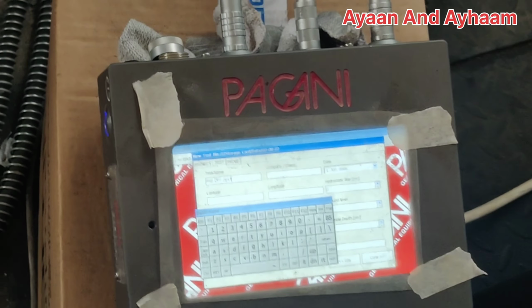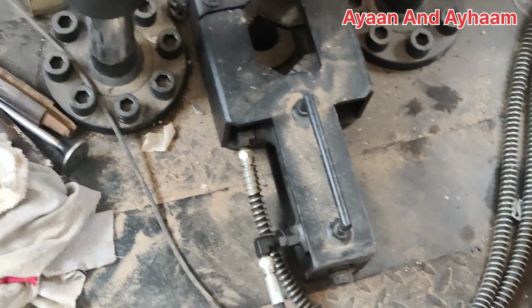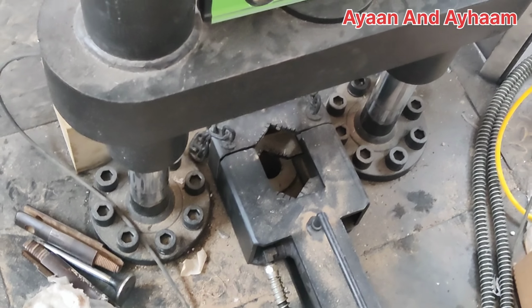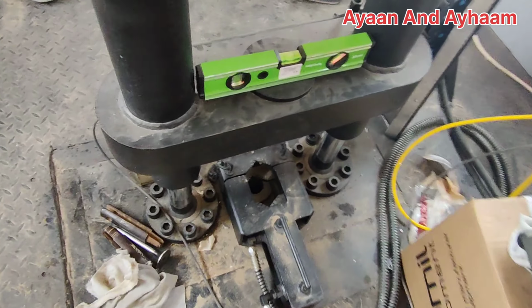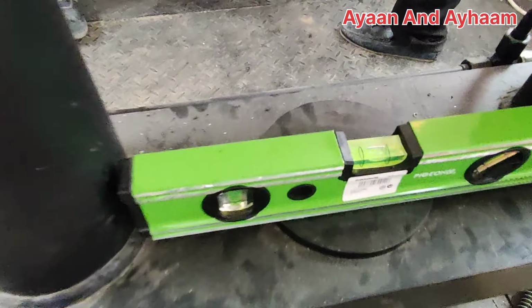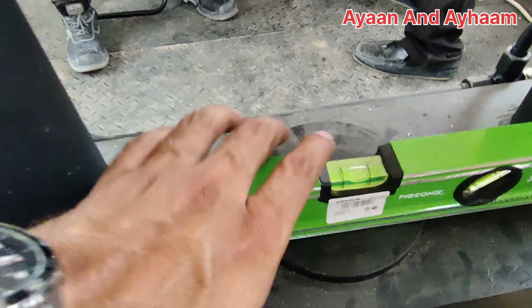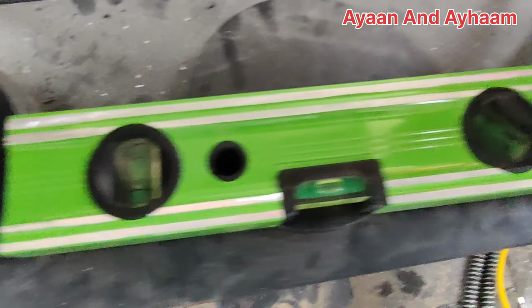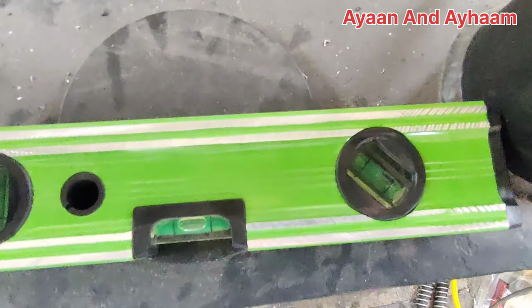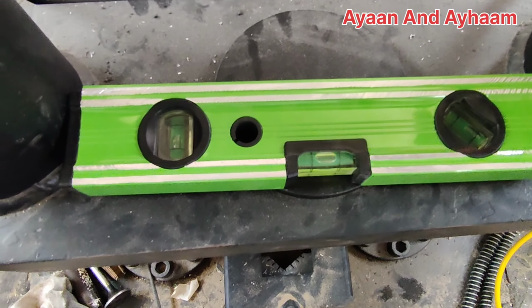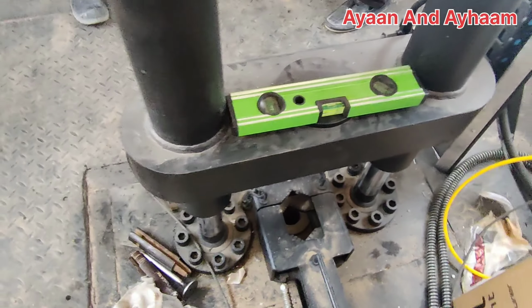Then once the machine is ready, level the rod holding bench. Check it with the spirit level, bubble level, as you can see here. They are doing it with the help of the jack machine, uplifting the cabin from all the sides. All 3 bubbles should be accurate.